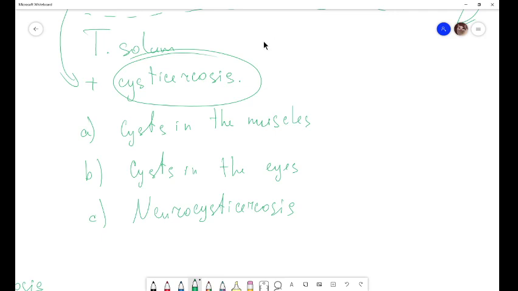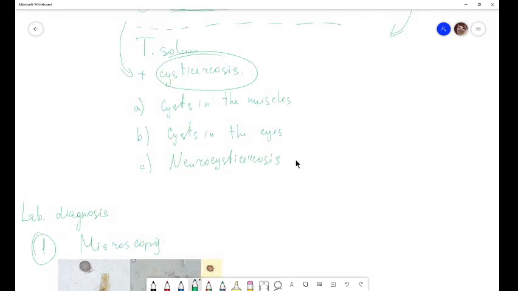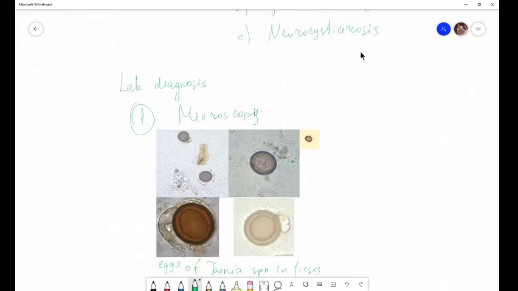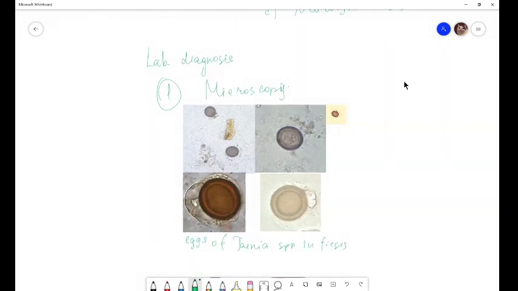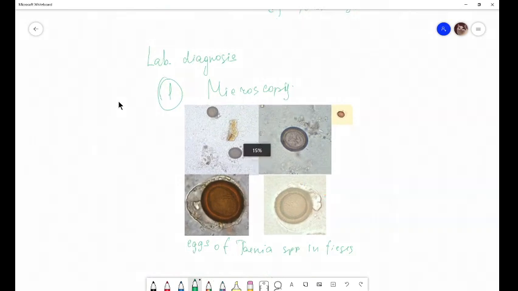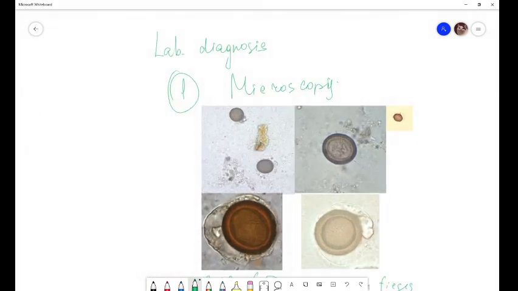Okay, what's next? Laboratory diagnosis. You must find this, because you will be a doctor. What do we have to say here?